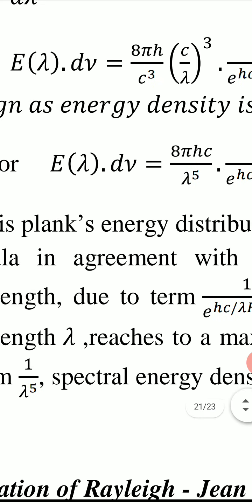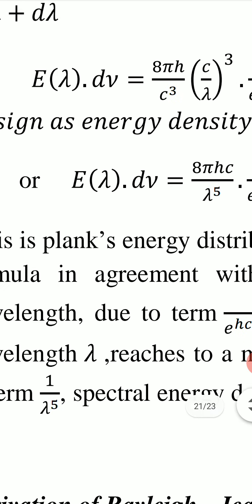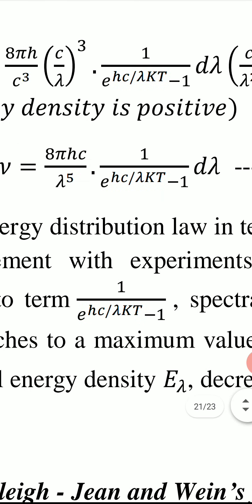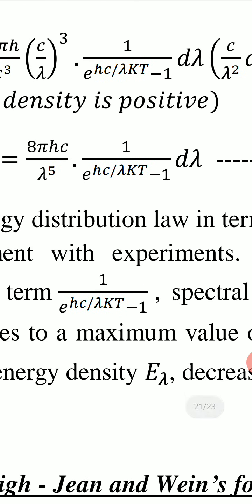From this relation, if we find E lambda, then E lambda is equal to 8 pi hc upon lambda to the power 5 into 1 upon e to the power hc upon lambda kT minus 1. 8 pi hc is constant, so E lambda depends upon these two factors. One is 1 upon lambda to the power 5 and the other is 1 upon e to the power hc upon lambda kT minus 1.